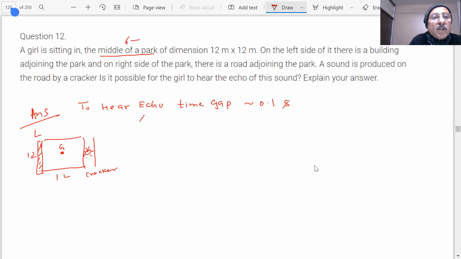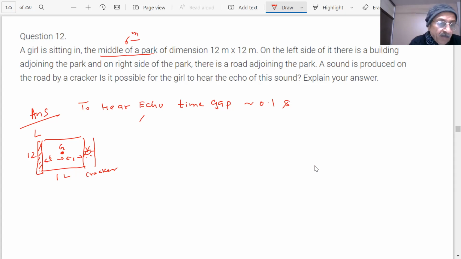Middle means how much distance? 6 meters. How much will be this, students? 6 meters. This will also be 6 meters. Okay?